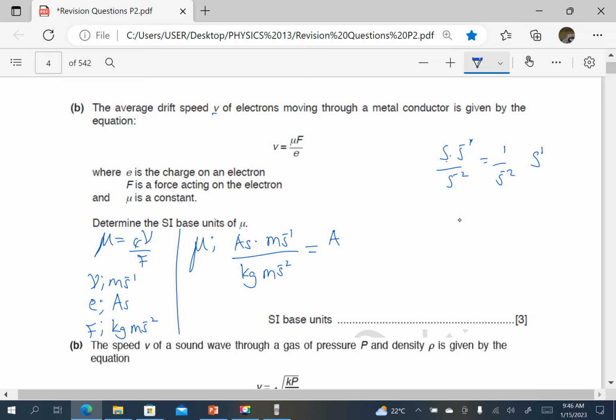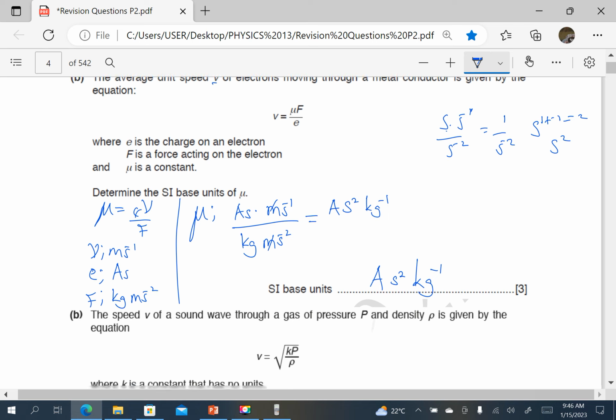That is s power 1 plus negative 1, then because of division, you subtract again minus negative 2, which is equal to s power 2. So that is s squared. Then m and m have cancelled out. Kilogram is in the denominator, 1 over kilogram is per kilogram. So I can write this as ampere second squared per kilogram as the SI base units there.